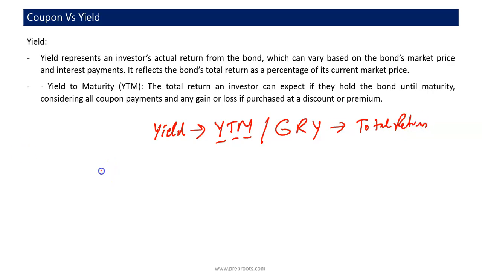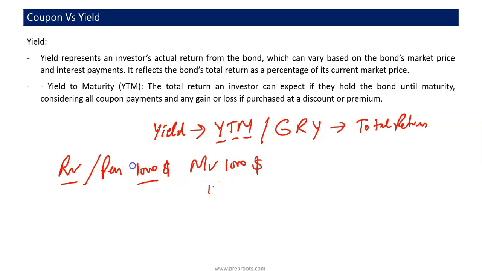For example, par is $1,000. Market value is also $1,000. So that means you have purchased this bond at $1,000 market value, and you will get your principal amount back, redemption value at $1,000.